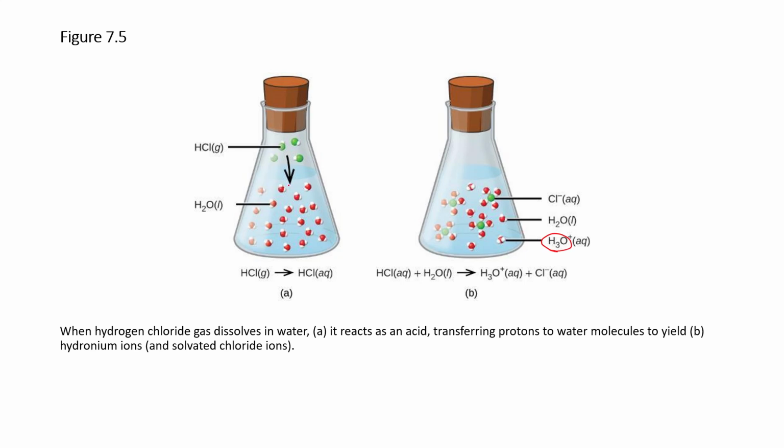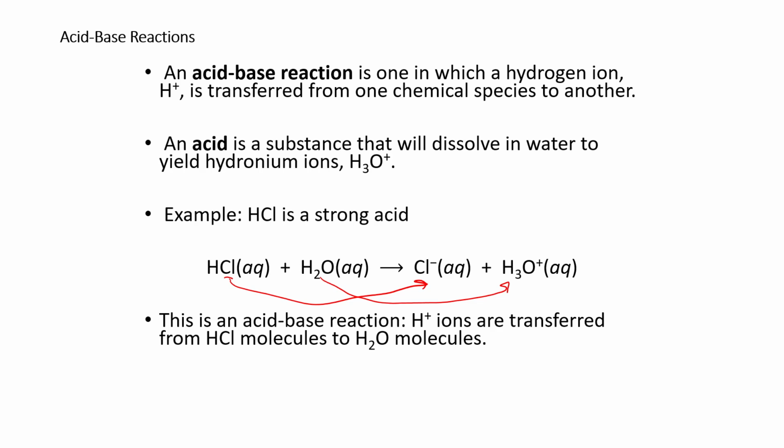When the chloride ions dissociate, they're going to be surrounded by those particles. So HCl donates the hydrogen ions to solution, and the water, H2O, accepts those hydrogens, and that's why we see this additional hydrogen over here.